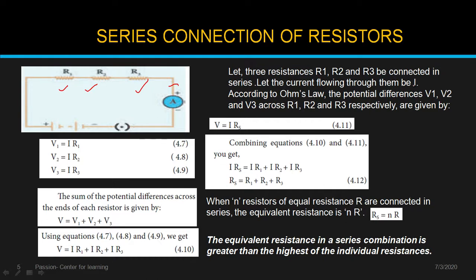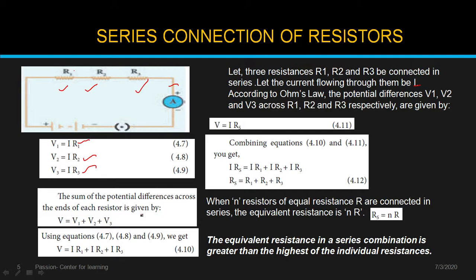The current flowing through them is I. According to Ohm's law, the potential differences V1, V2, V3 across R1, R2 and R3 respectively are given by V equal to IR. So V1 is IR1, V2 is IR2 and V3 is IR3.